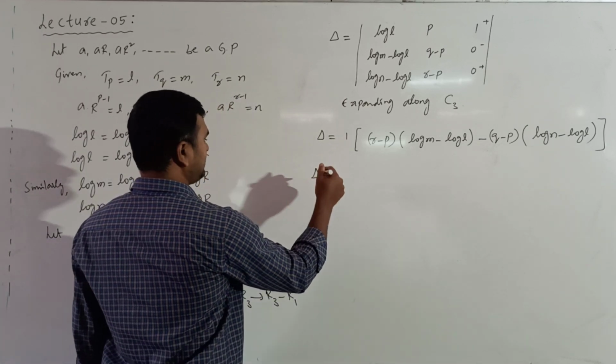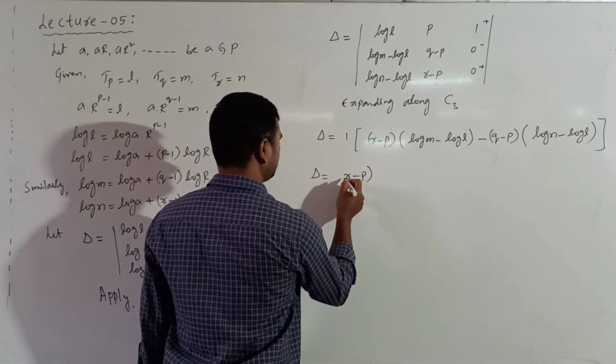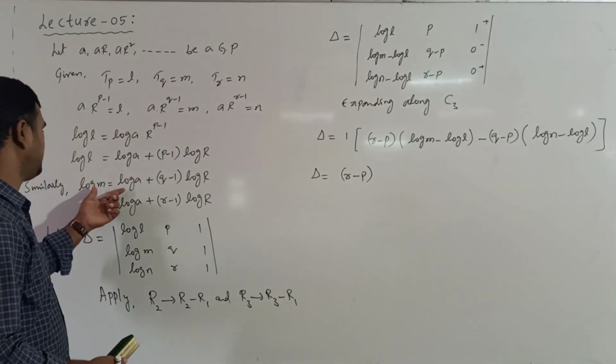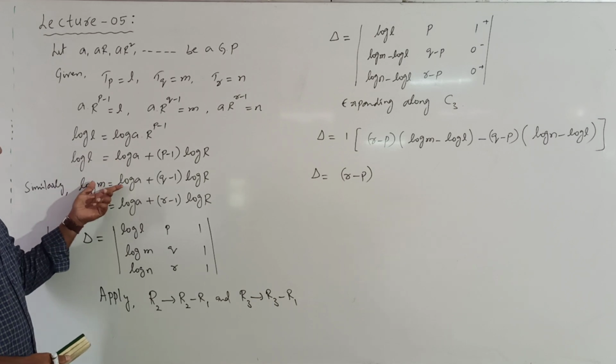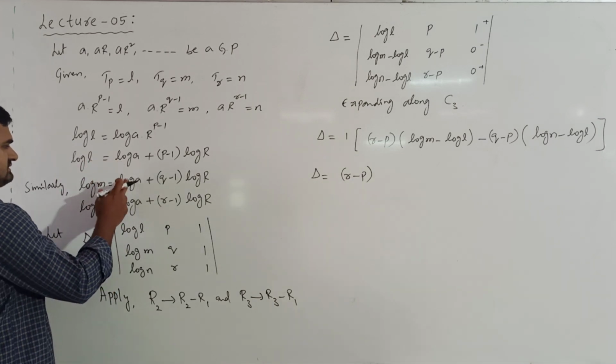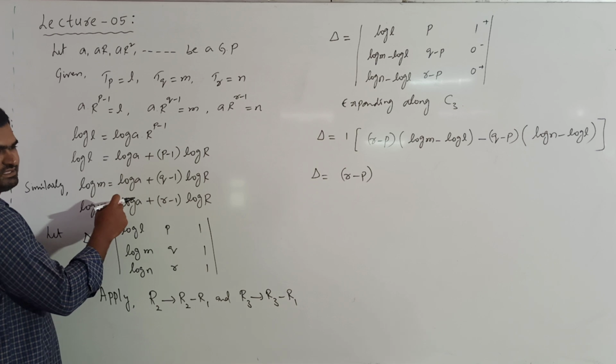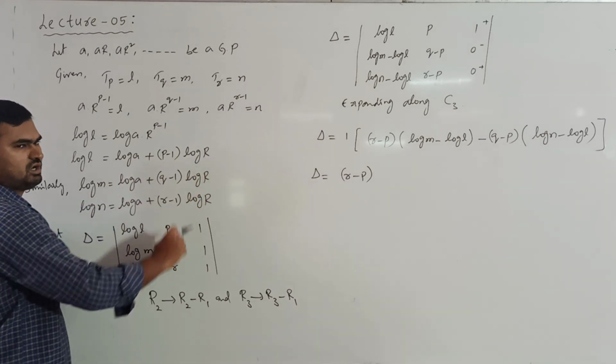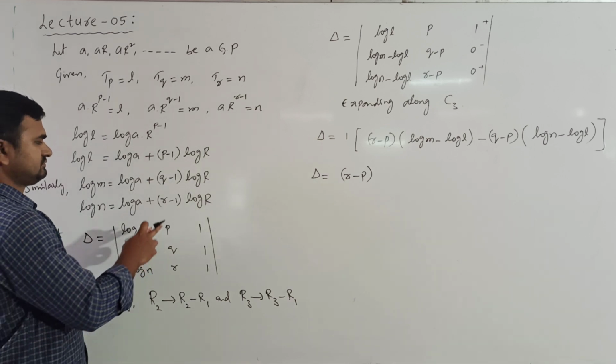Now R minus P into what is log M minus log L? You have to take the difference here. Log A will get cancelled. Now Q minus 1 into log R minus P minus 1 into log R. Log R is common. What will be remaining?